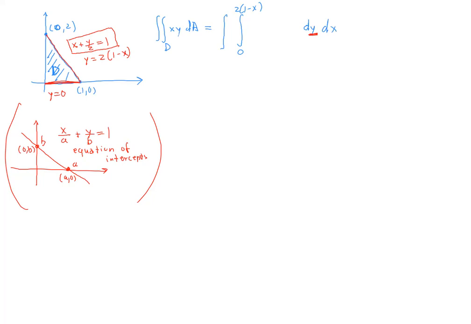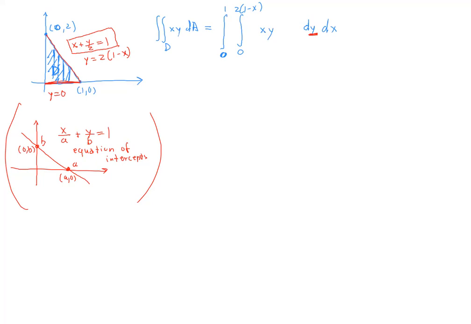So when you do vertical integrations first, then you want to see what the horizontal range of all these vertical integrations is. And this is going to go from 0 to 1.